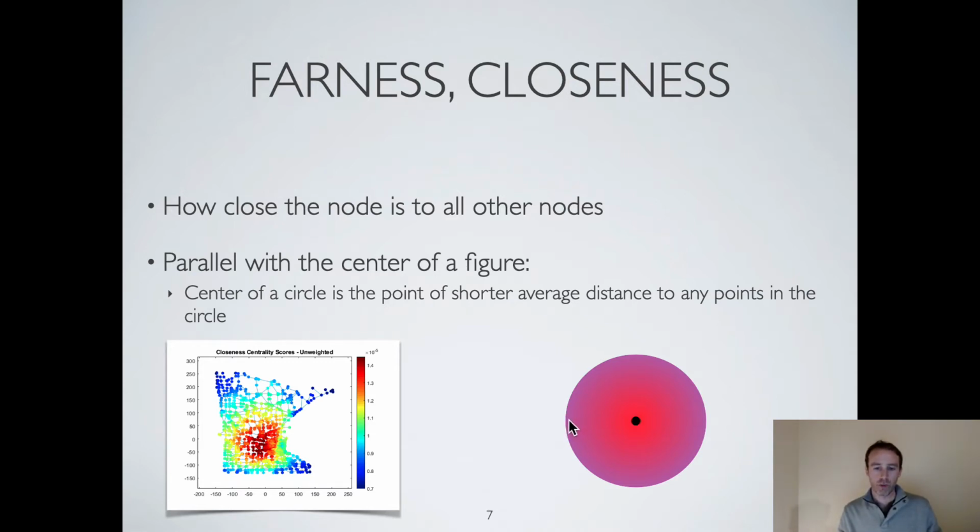If I take a point here, it's very far from this part of the circle. So on average, the center is the closest to the rest of the circle. And so in a graph, we want to find some equivalent of this center. You see that the shape of this graph here is kind of a square, and the highest values of closeness, in red, are kind of in the center. So it's really this notion of being in the center of a graph.